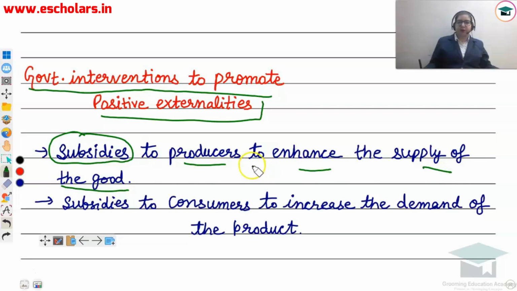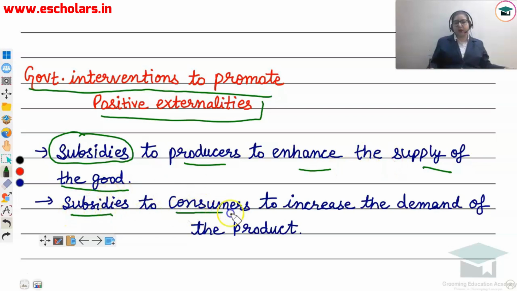Through subsidies, the cost of production of such goods reduces, and the profitability of such producers increases, and hence they will supply more quantity of that good.